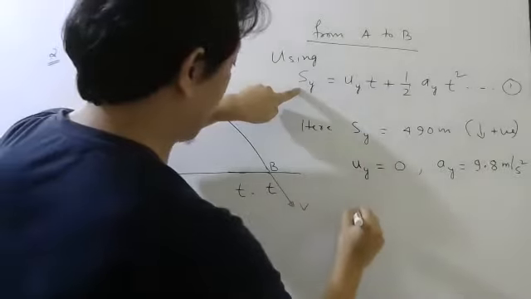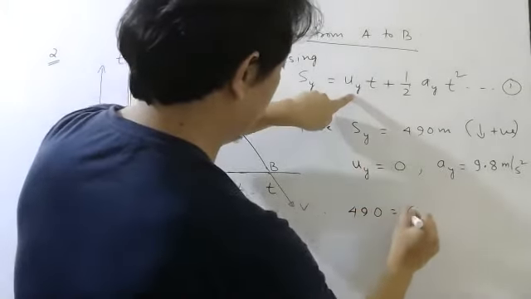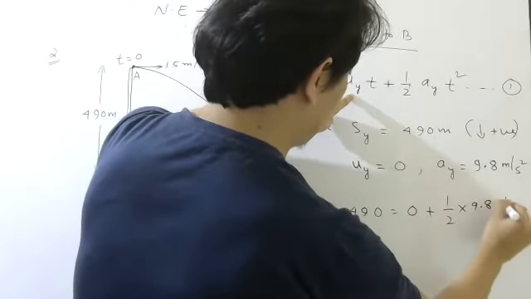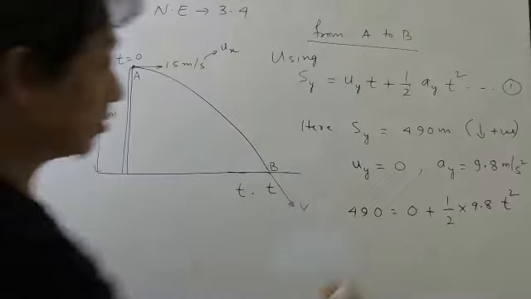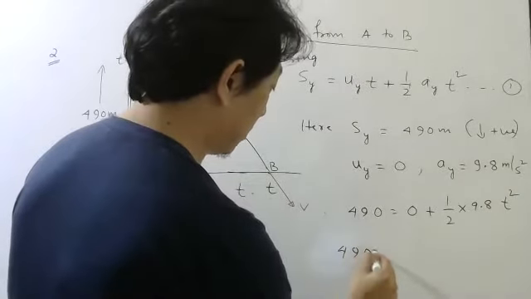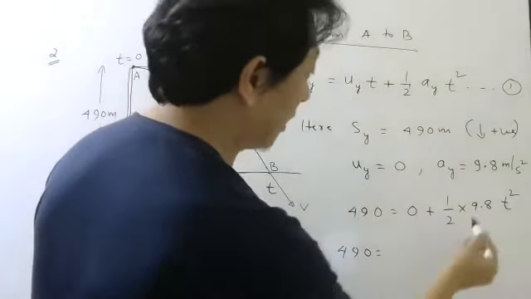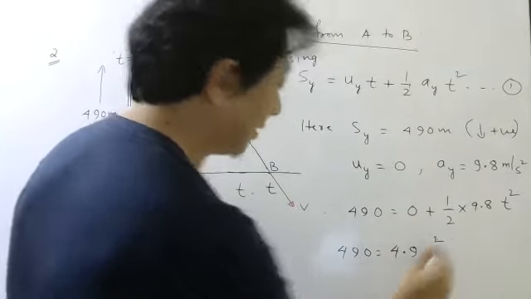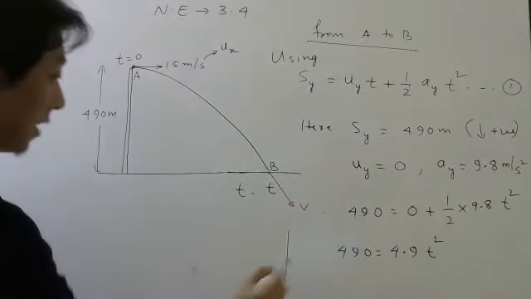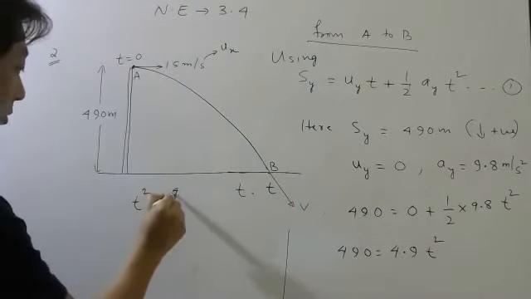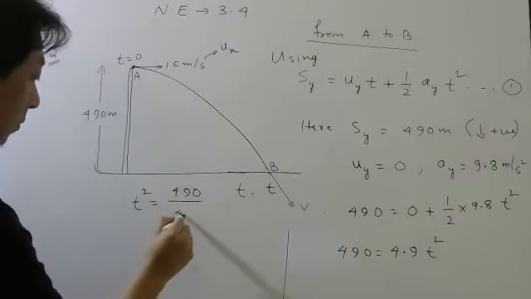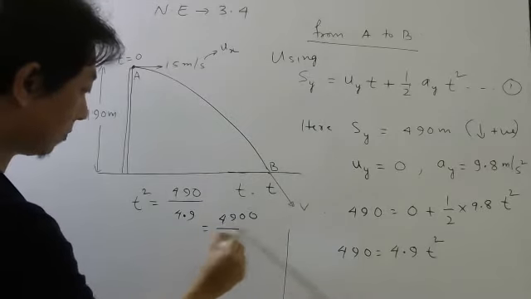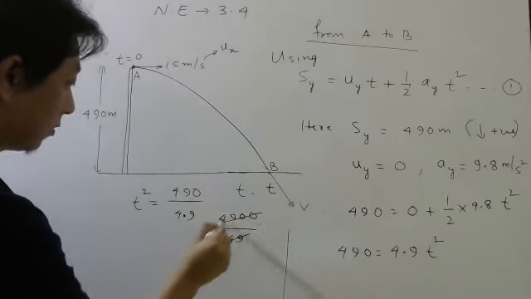Therefore, 490 equals 0 plus half into 9.8 t square. So 490 equals 0 plus 9.8 divided by 2, which is 4.9 t square. T square will be 490 divided by 4.9, which you can write as 4900 by 49, which will be 100.